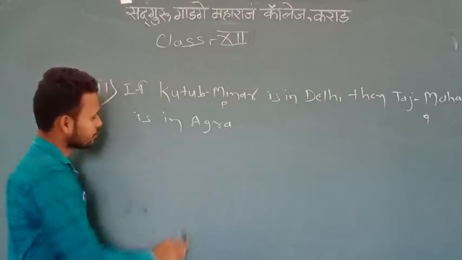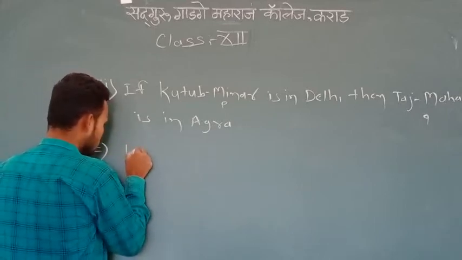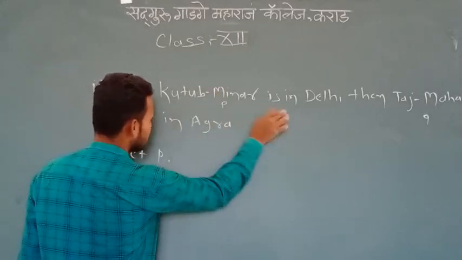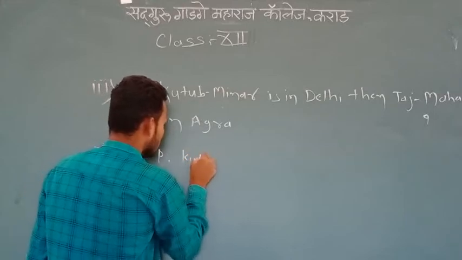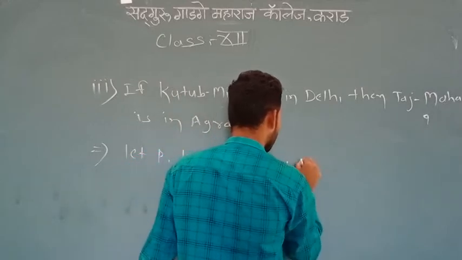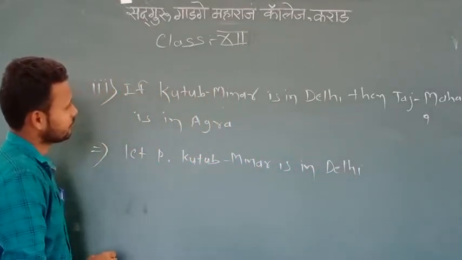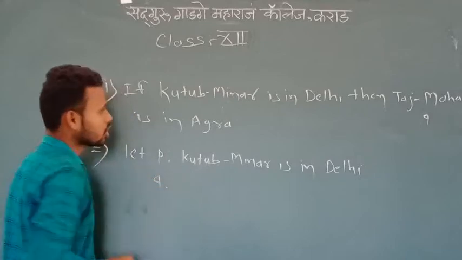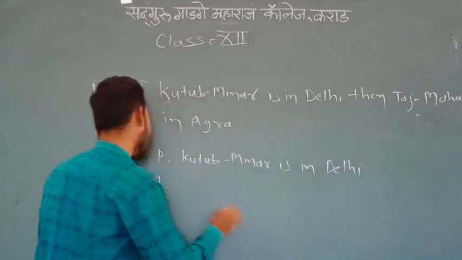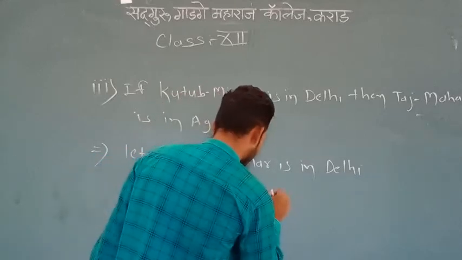Now in the solution we have to consider two statements. Solution: let P denote 'Qutub Minar is in Delhi', and let Q denote the next statement, 'Taj Mahal is in Agra'.